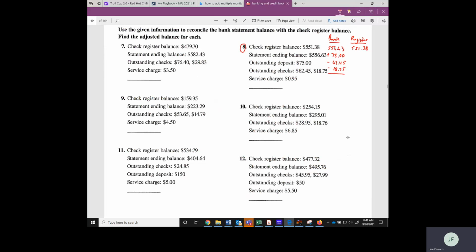If you want to write it out as you go, you can, or you just keep that number in the calculator, minus 62.45 minus 18.75, and we should get 550.43.